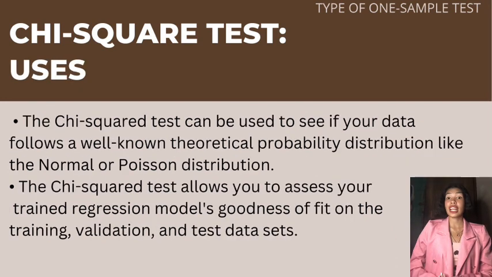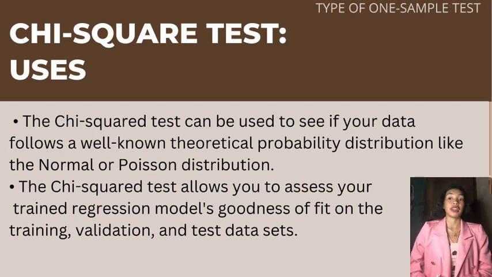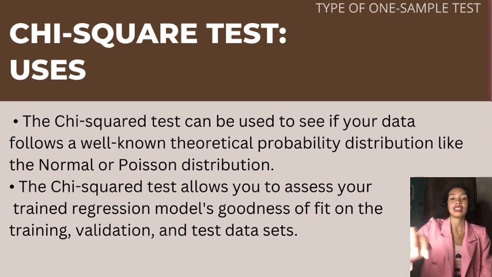Now, when can we use chi-square one sample test? The chi-square test can be used to see if your data follows a well-known theoretical probability distribution like the normal or Poisson distribution. And also, the chi-square test allows you to assess your trained regression model's goodness of fit on the training, validation, and test data sets.